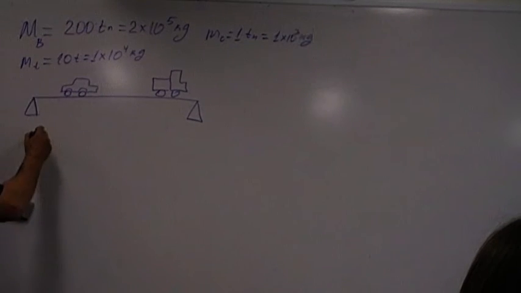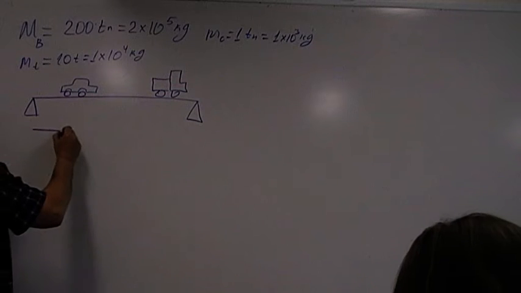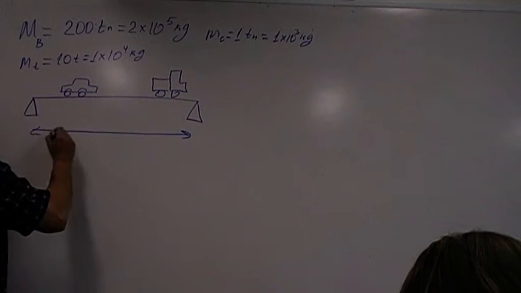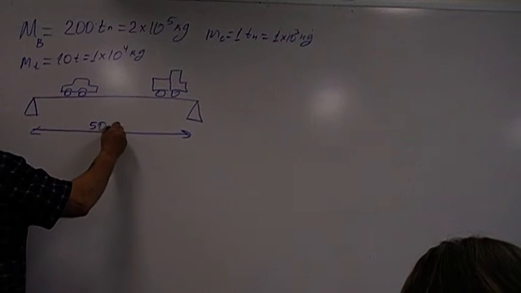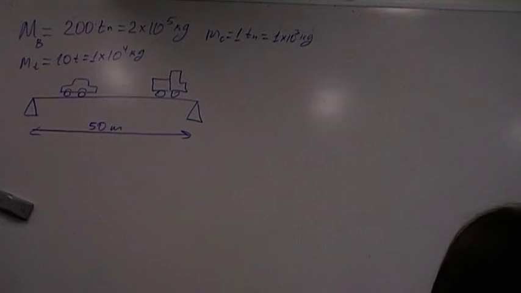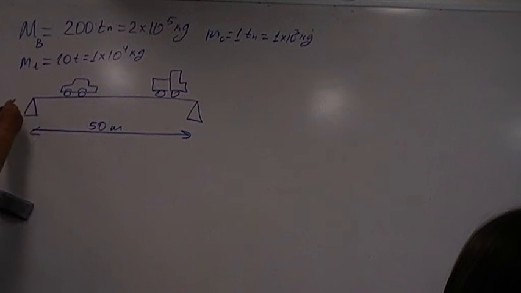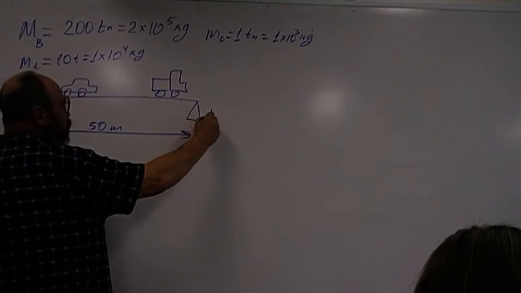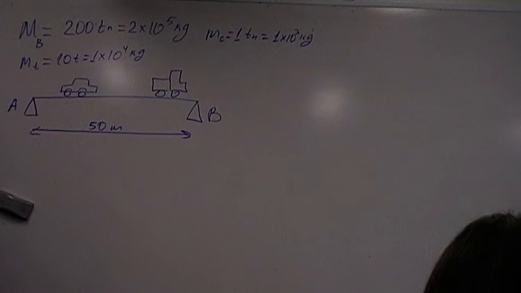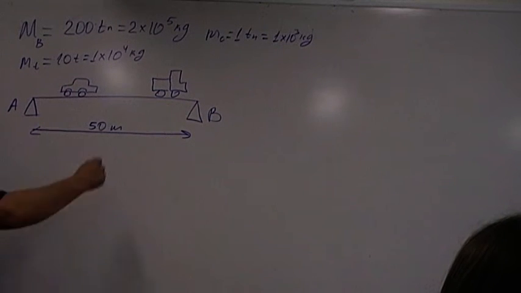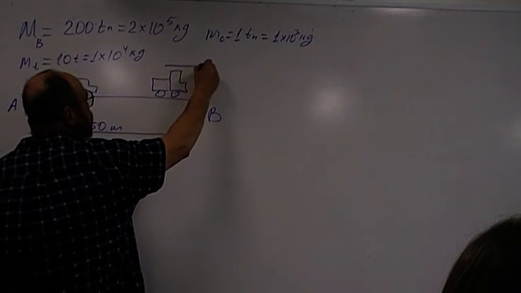The length of the bridge, let's say 50 meters. This will be support A, that is support B. The distance from the truck to support B, let's say 10 meters.